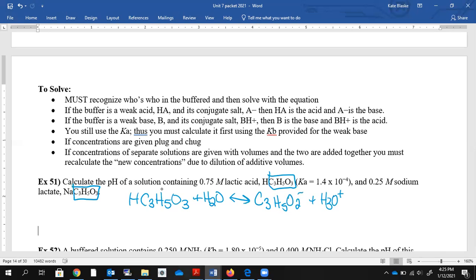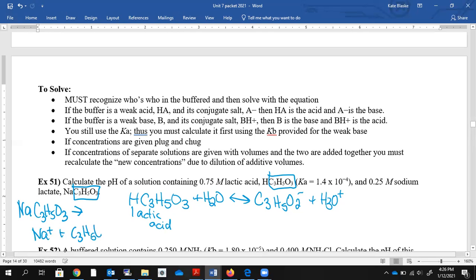I can see that here is that lactic acid, and here is the ion from the sodium lactate. Because sodium lactate has a sodium ion on it, we know that this is going to be soluble based on our solubility rules. All sodium substances are soluble. So this really exists as a sodium ion and that lactate ion. So that lactate ion is what's going on right here.